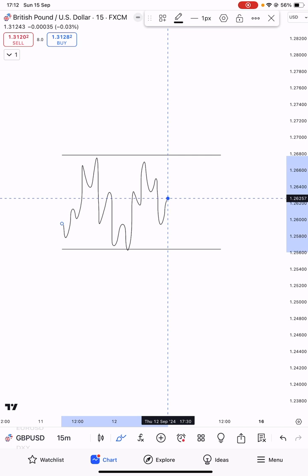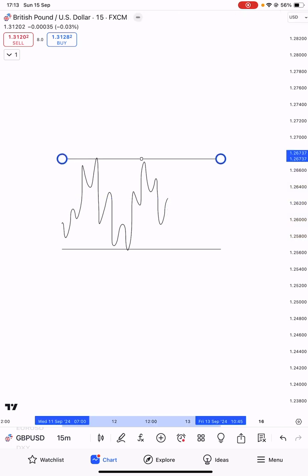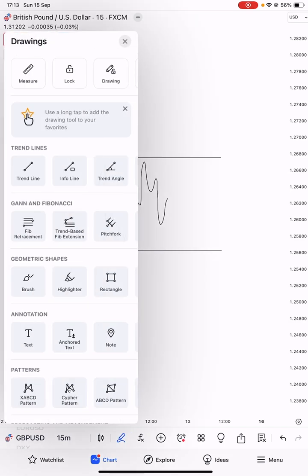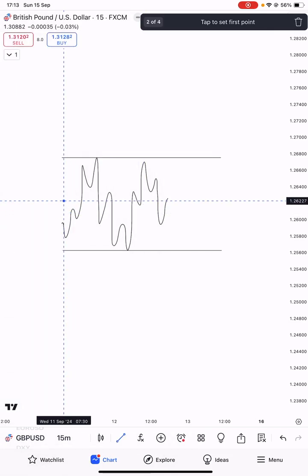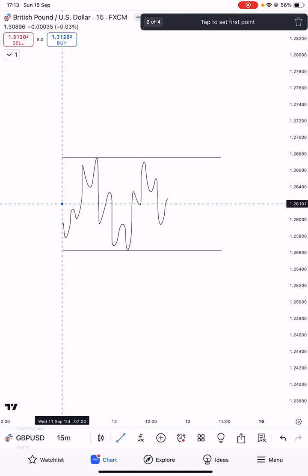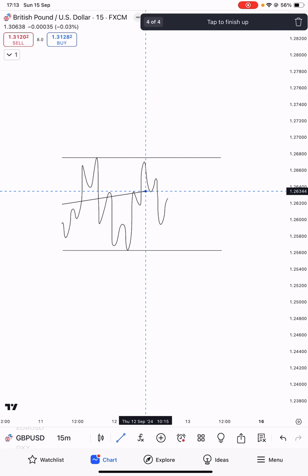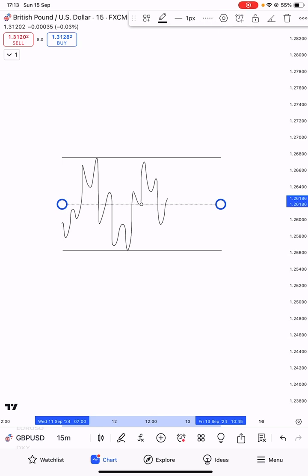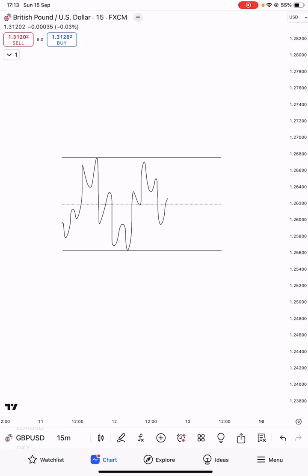A range high, a range low, and an equilibrium price point. And the way I already told you to verify the equilibrium is seeing the respect of price at this price level. And so you have these three non-subjective price points: a range high, a range low, and an equilibrium.